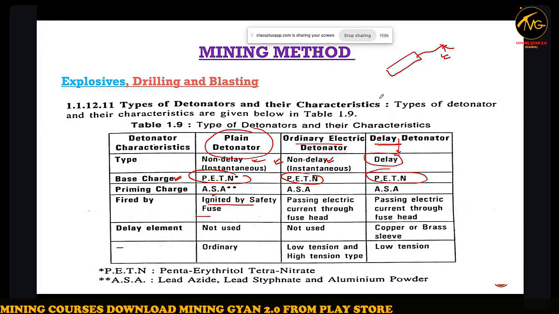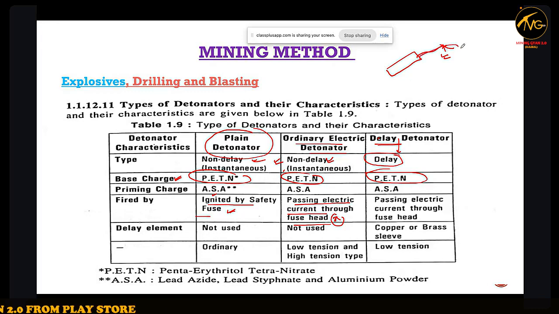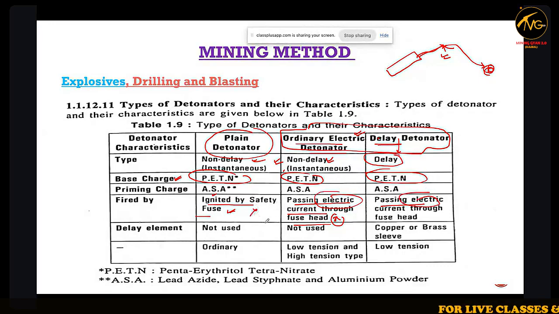In plain detonator, you also have to ignite with safety fuse. Ordinary electrical detonator: passing electrical current through the fuse head. In these there is a wire, you connect it to an electrical current and then you blast it. So in delay detonator and ordinary electric detonator you use electricity. You do not need electricity for plain detonator. Delay element absent; in these there is a delay element of copper and brass sleeves.